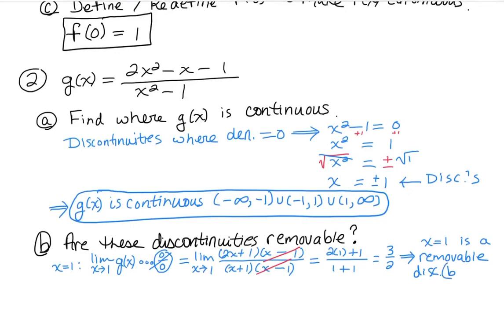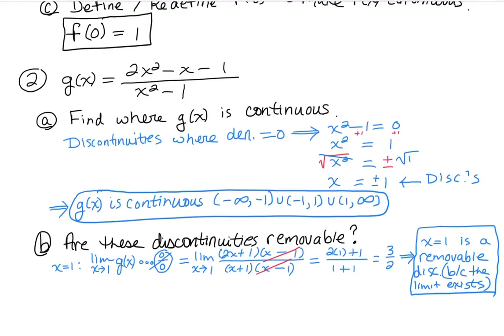And again, this is because the limit exists. That's how we know for sure that x equals 1 is a removable discontinuity. And that's the kind of justification I'd want to see.